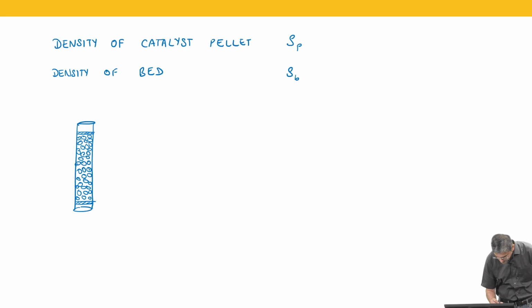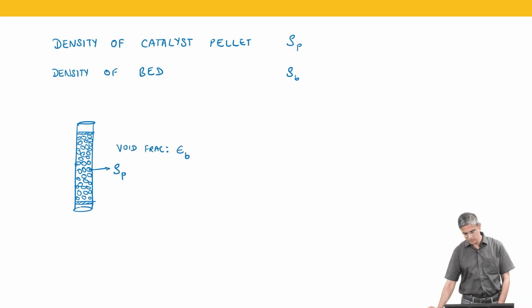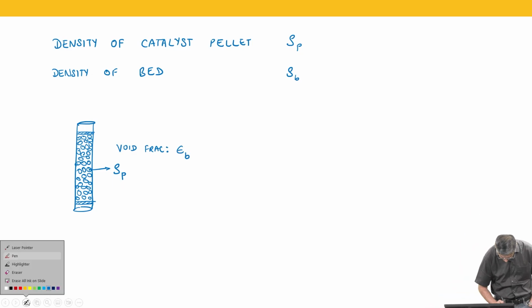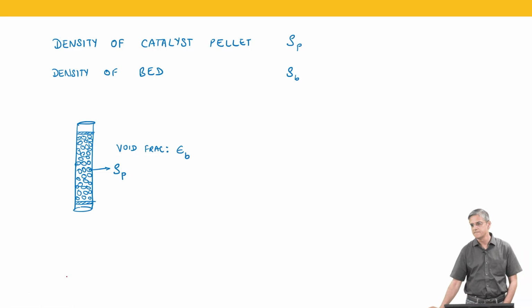The density of this pellet is rho p. The void fraction of the bed is epsilon b. How do you think the density of the bed is related to the density of the pellet? What is the fraction of gases in the bed? Epsilon b, right? Therefore, what's the fraction of solids? 1 minus epsilon b. Therefore, what's the density of the overall bed? Rho p multiplied by 1 minus epsilon b.